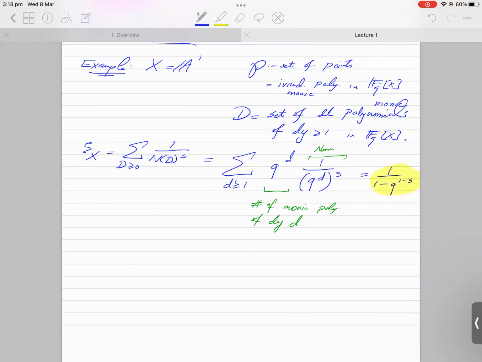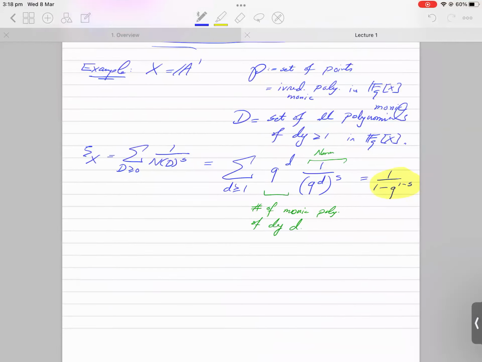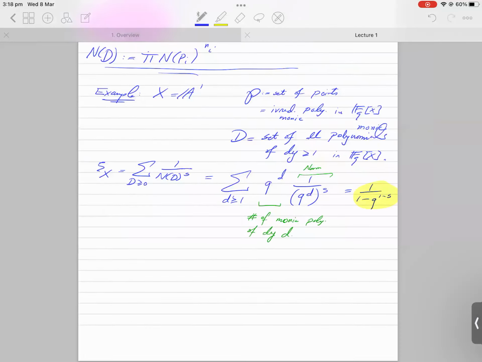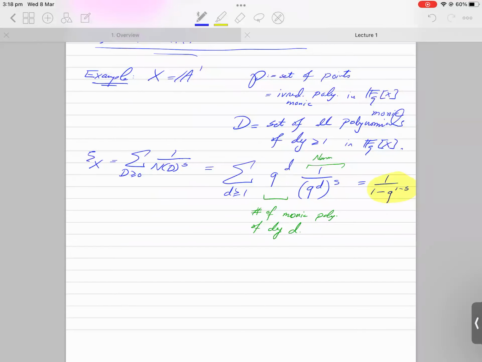Now there's something amazing that happens in this world over finite fields, whose analog we do not know over integers. And that's that we can complete curves to become a compact object. We can compactify.